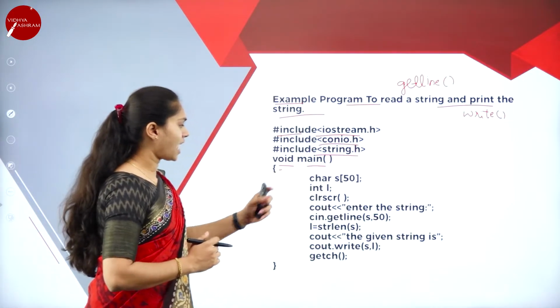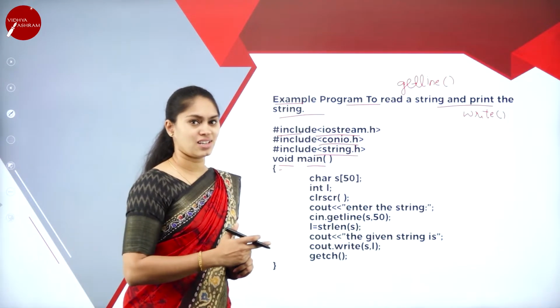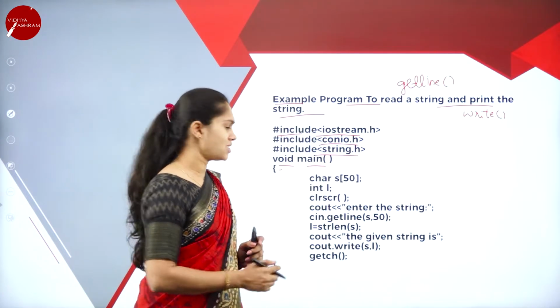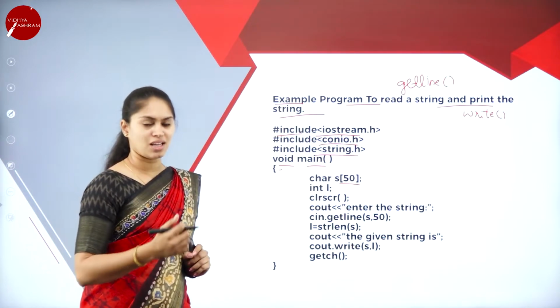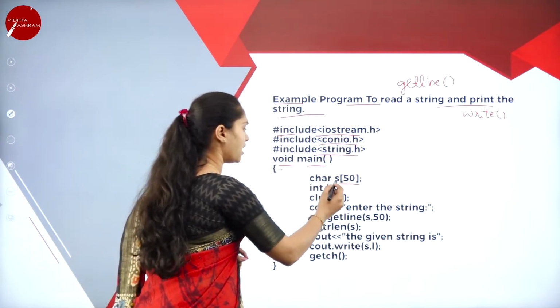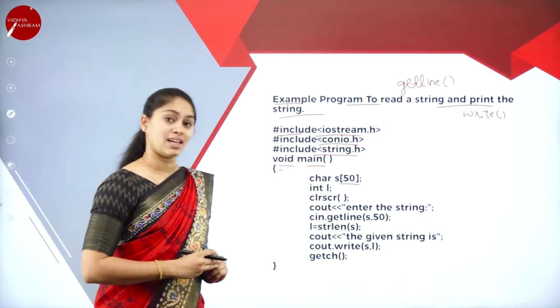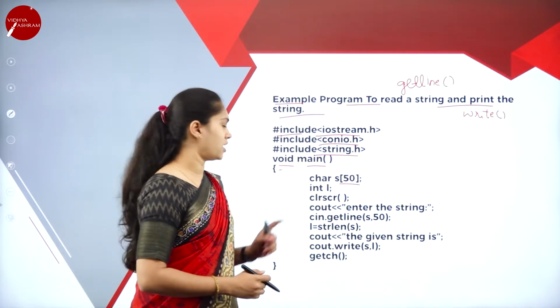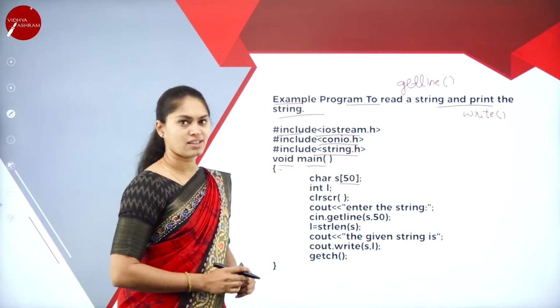Next I am declaring a character string. How can I say this is a string? Because here we have a size that represents a stream of characters. So char is a data type, s is the name of the string, and within square brackets I am taking the size of the string. At last, don't forget to put a semicolon, which indicates the termination of this string declaration.